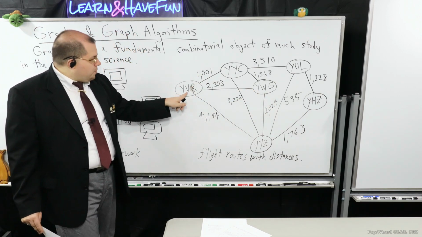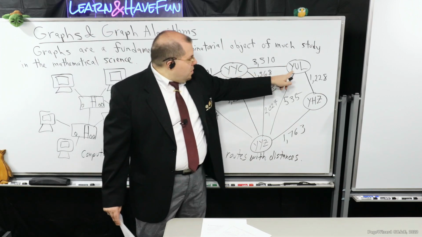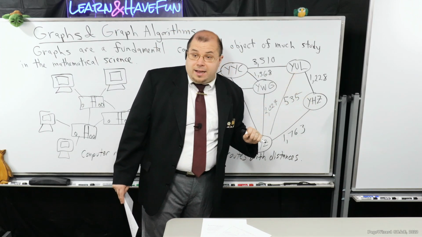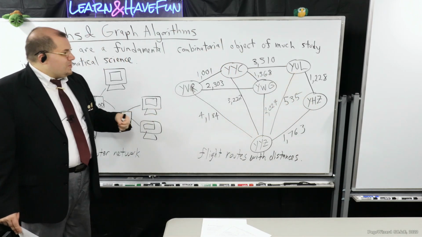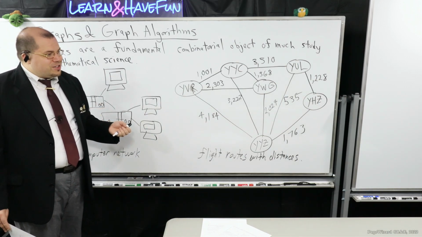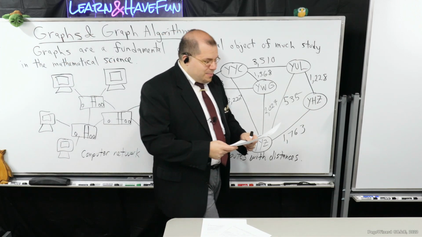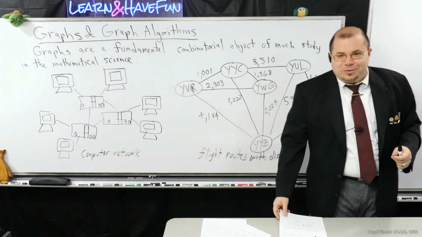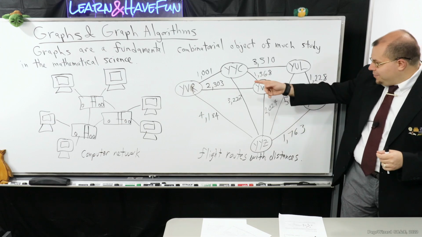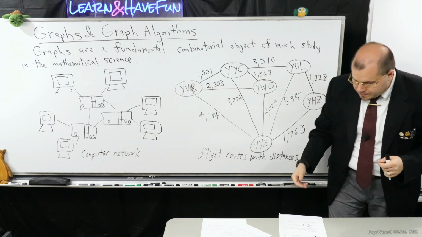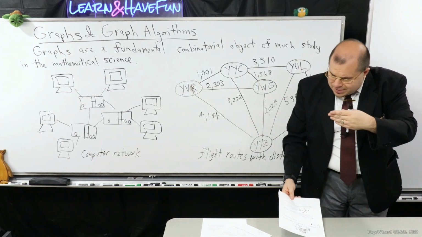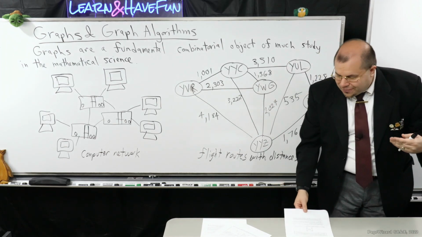So you can say go from YVR to YYC to YUL to YHZ. But keep in mind that may not necessarily be the shortest one. So I'll let you think about that. So that's something that maybe in the future I'll talk more about, is computing, say, the shortest pathway from one airport to the other. So these are two example applications to give you a flavor for this.